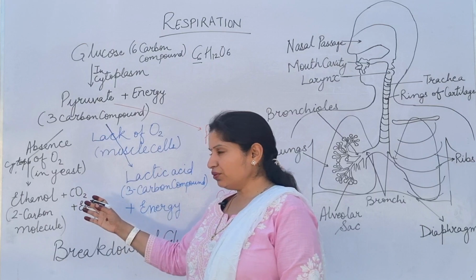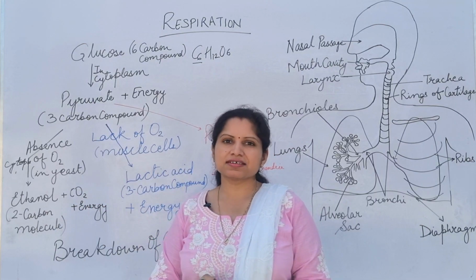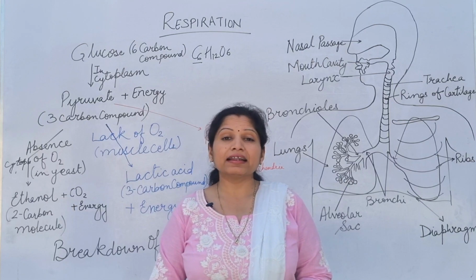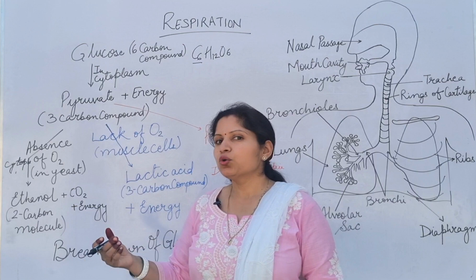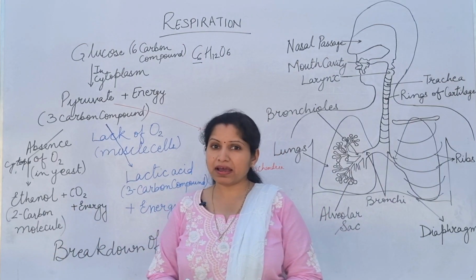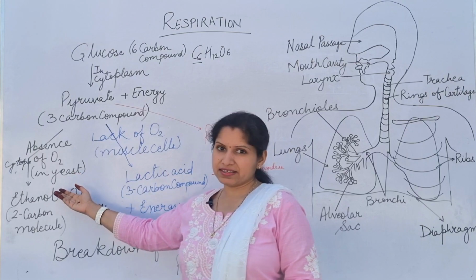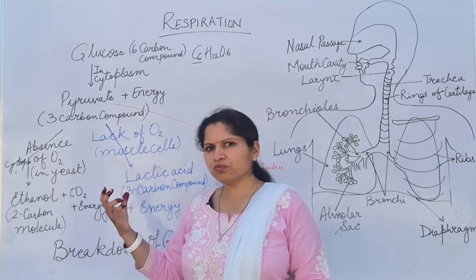Okay. Do you know this ethanol is the same alcohol that we have discussed in carbon compounds also, and that is used for drinking purpose. So on large scale, whenever there is ethanol production, this ethanol is prepared by fermentation using yeast only. Glucose fermentation is performed. In which form are we taking glucose?